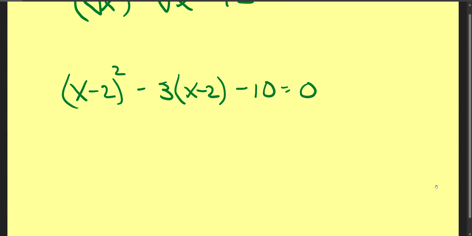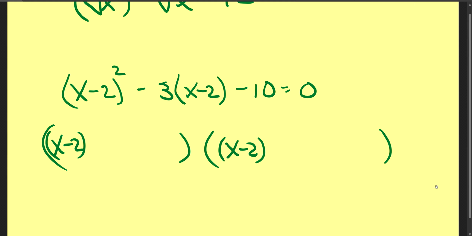This is quadratic in form. My first term here happens to be a binomial raised to the second power, and that's okay. If I wanted to factor that, my lead coefficient still has a coefficient of 1, so x minus 2 would go here, and x minus 2 would go here.